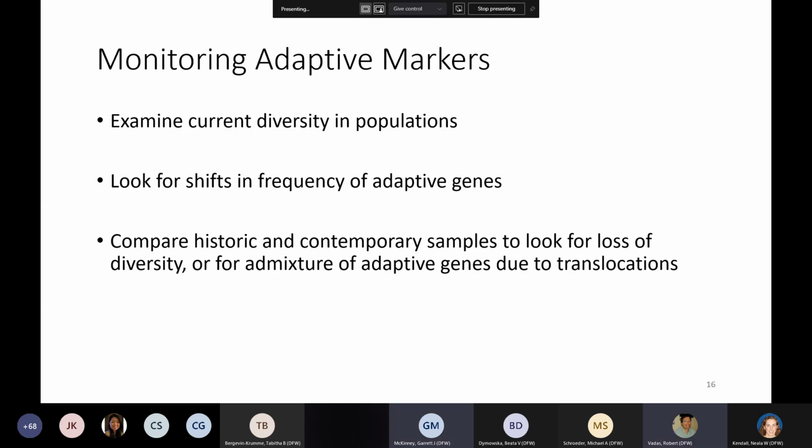Monitoring adaptive markers is pretty low risk. The only real risks associated with it are false or oversimplified interpretation. When these markers are first identified, it's important to keep in mind that they're almost always identified in one population in one specific environment.